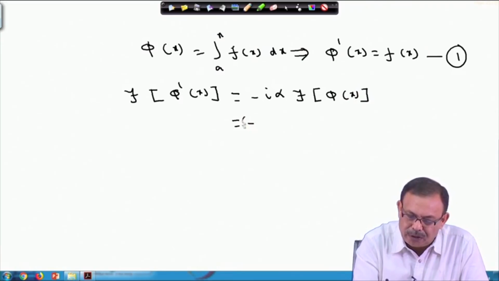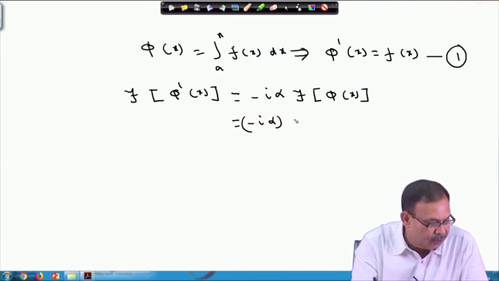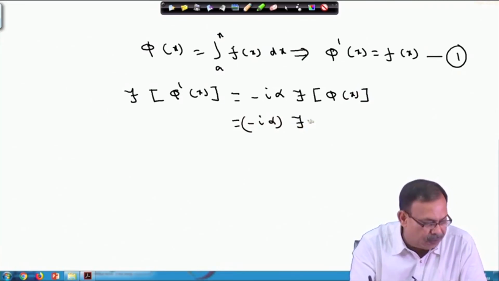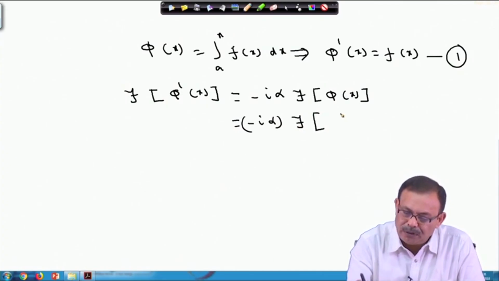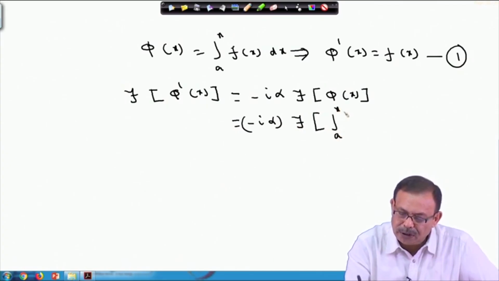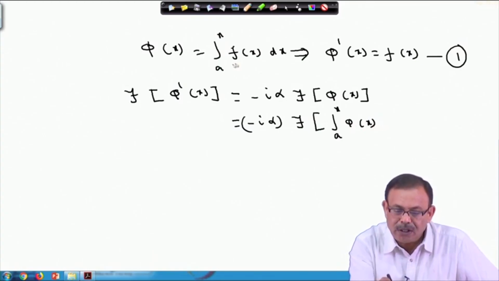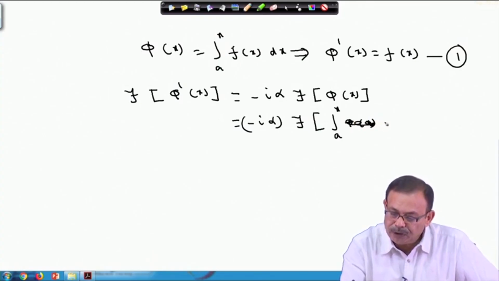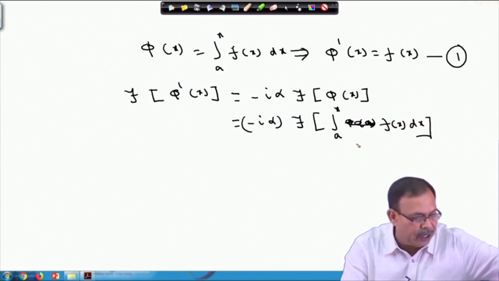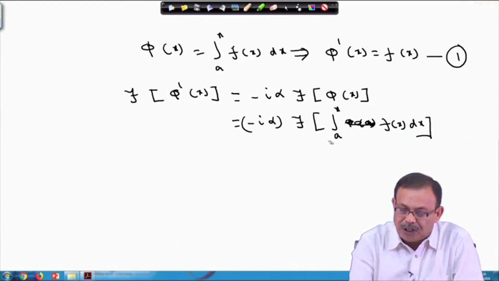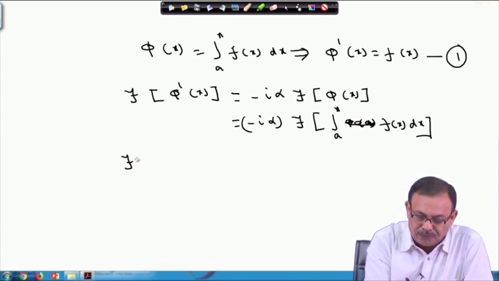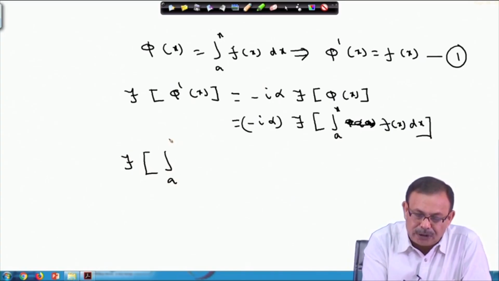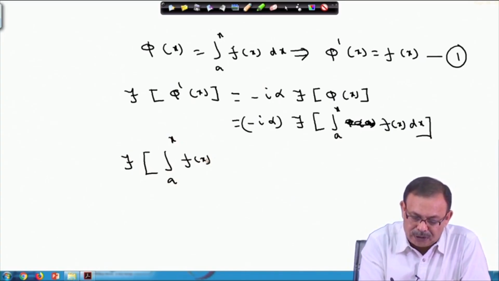This is equal to minus i alpha into the Fourier transform of phi x, which is the integral from a to x of f(x) dx. Phi x is the integral from a to x of f(x) dx. Therefore, from here I can write the Fourier transform of the integral from a to x of f(x) dx.